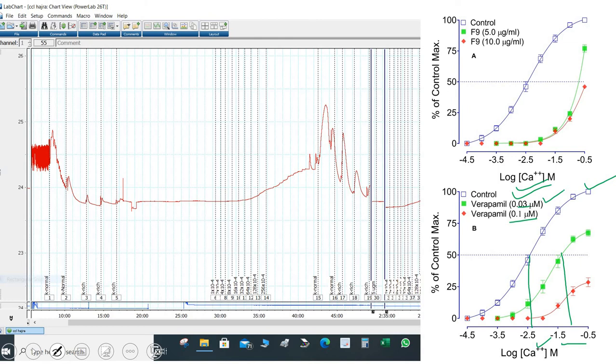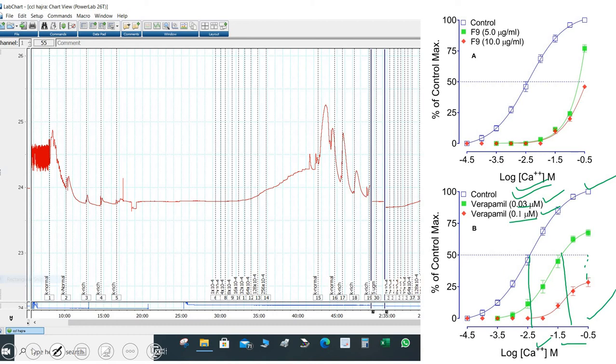And in the case of 0.1 micromolar verapamil, we cannot calculate the EC50 because there is no sufficient amplitude of the calcium concentration response curve. So consequently, we were not able to calculate or draw an EC50 value for this one.